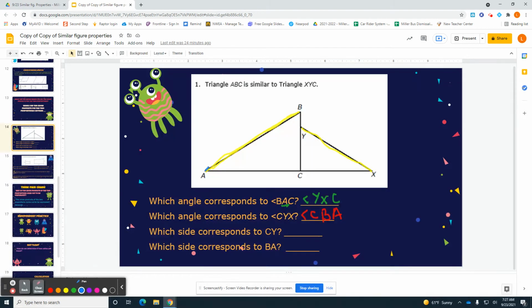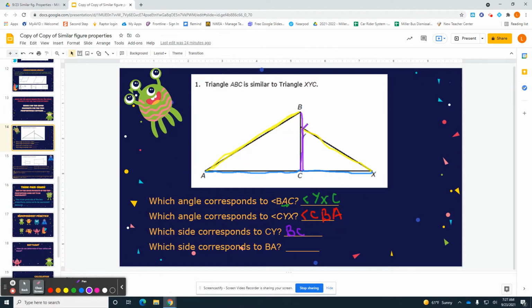Then we have line AC. Which line corresponds to line AC? Well, if you said line CX, sorry, you are correct, CX. And then last but not least, BC corresponds to line YC, the same thing. Okay, so which side corresponds to CY? Well, BC.